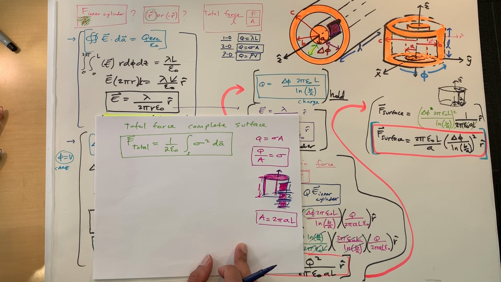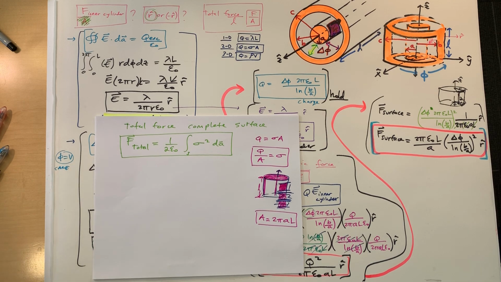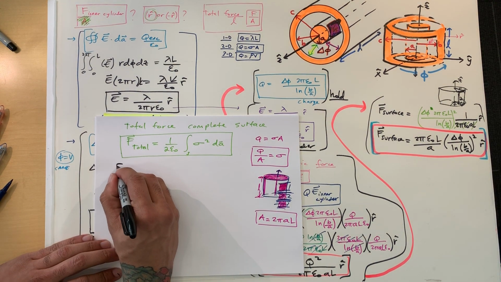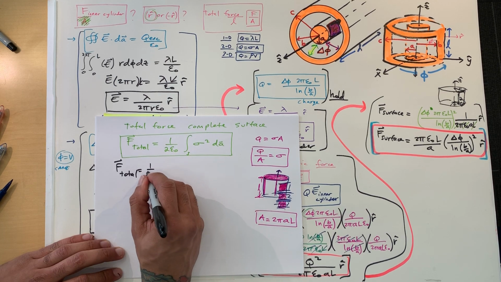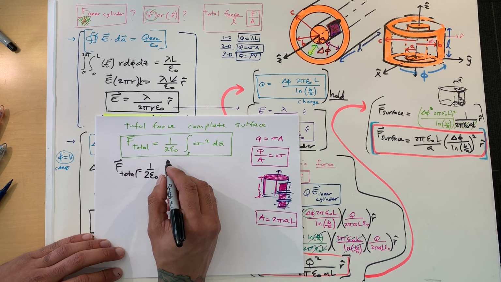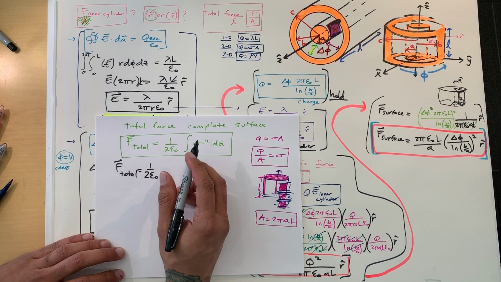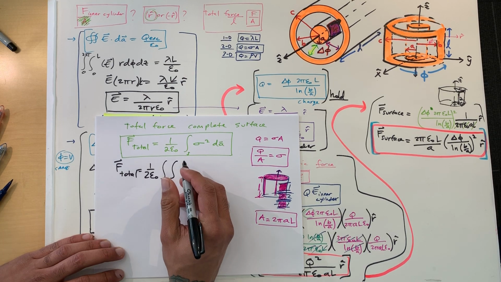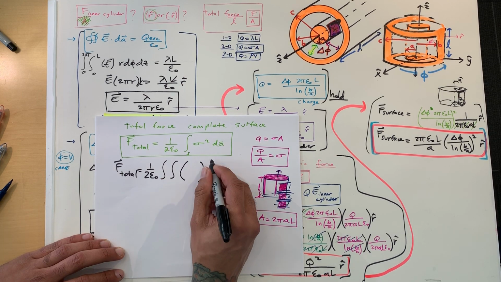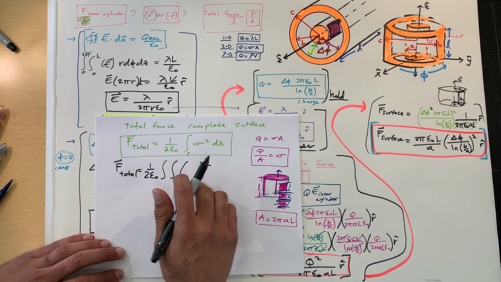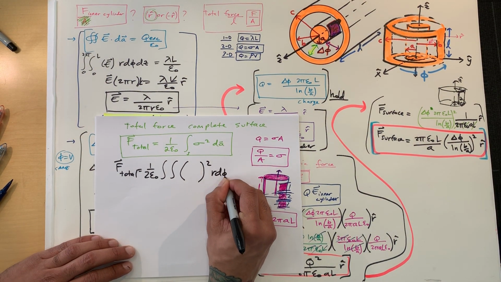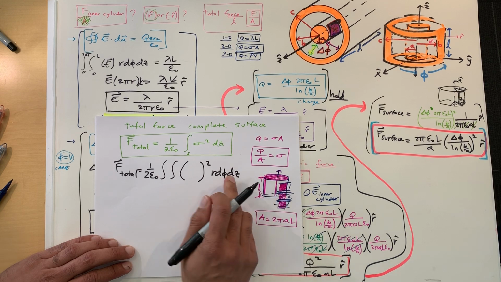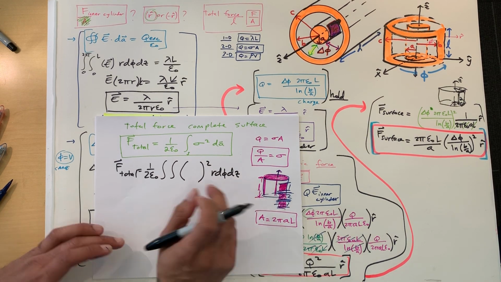And now let's use this formula and get to work. We got F total is equal to 1 over 2 epsilon naught. We got two integrals, and we got sigma squared, and then r d phi dz, which is the Jacobian for a cylinder.